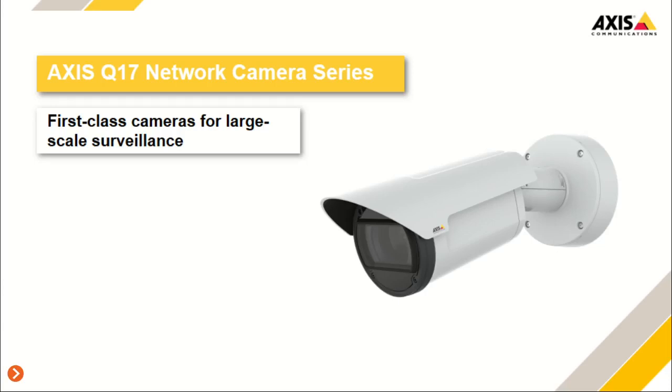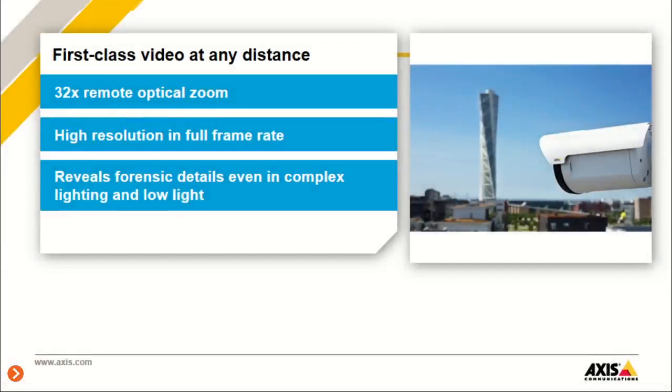Now we are going a step further, let's put it this way, and we are looking into our Q17 cameras, where the Q17 is our top line cameras. So if you are in need of something more scalable and more robust with a very, very high zoom factor, then this is your way to go.